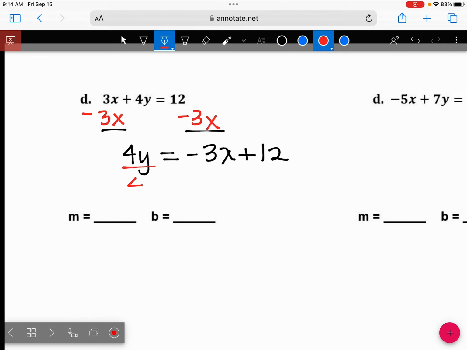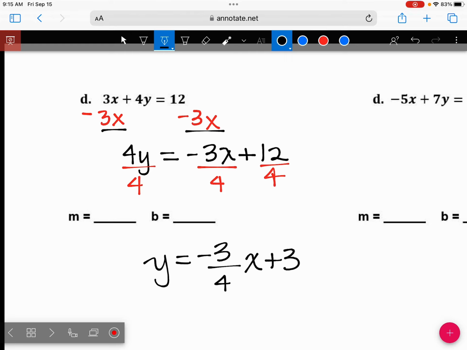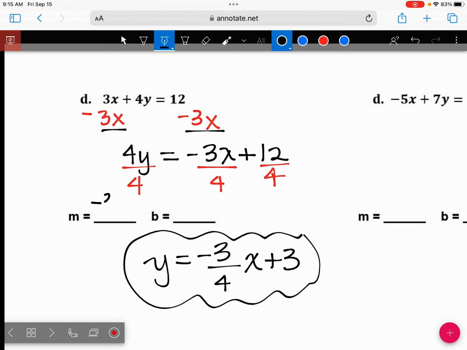And then you're dividing everything by 4. So your equation would be y equals negative 3/4 x plus 3. So your slope would be negative 3/4. Your y-intercept is 3. Who had that? I think somebody put 8. It's because you were subtracting 4 instead of dividing by 4. So you're dividing everything by 4.